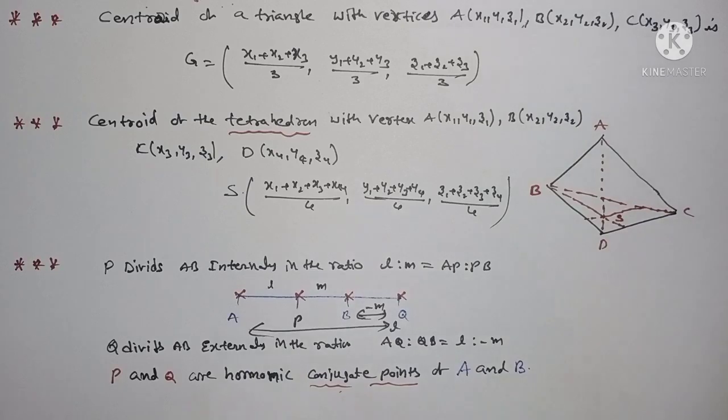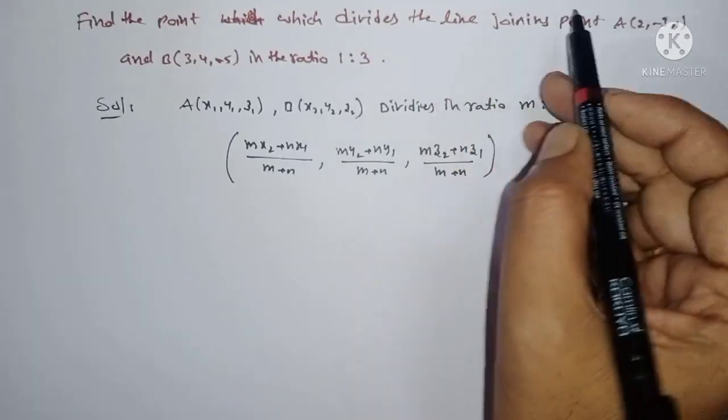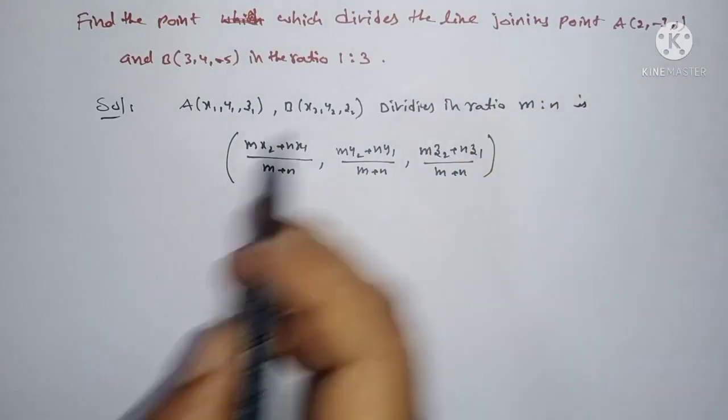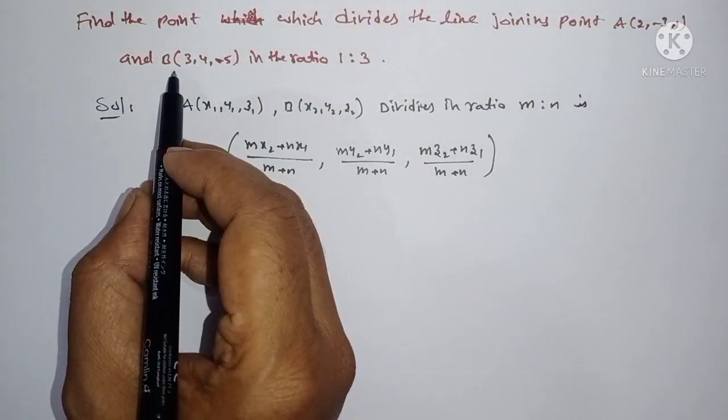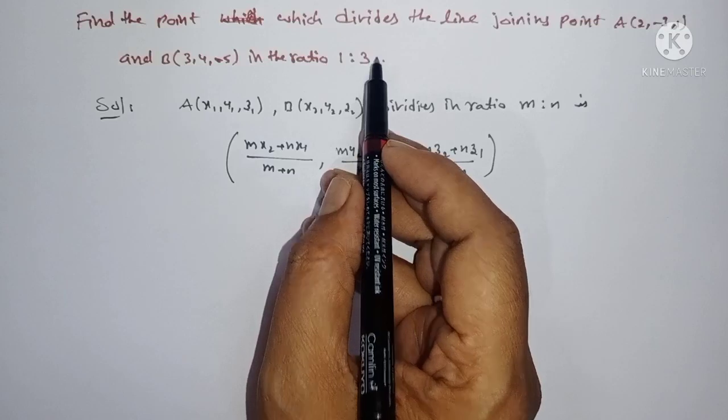Okay, now you can do some solved problems. Find the point which divides the line joining the points A of 2 comma minus 3 comma 1 and B of 3 comma 4 comma minus 5 in the ratio 1:3.